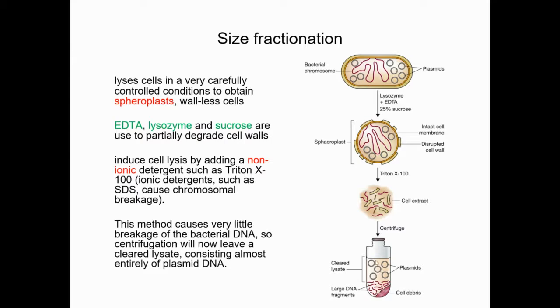That leaves the plasmid DNA in the supernatant. Then you can remove the supernatant, this clear lysate containing the plasmid DNA, and perform phenol-chloroform extraction, or you can use an inorganic method to isolate the plasmid DNA, or go through a spin column to collect the plasmid DNA. So that would be the size fractionation.